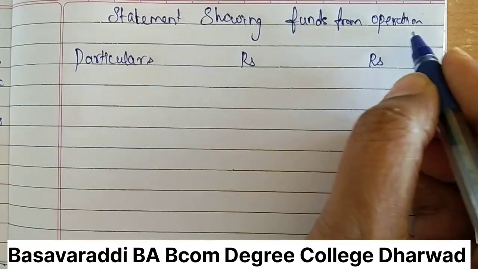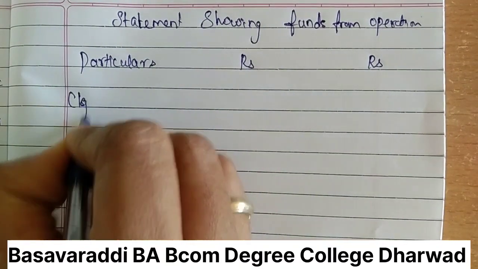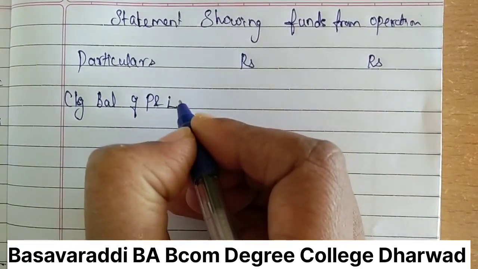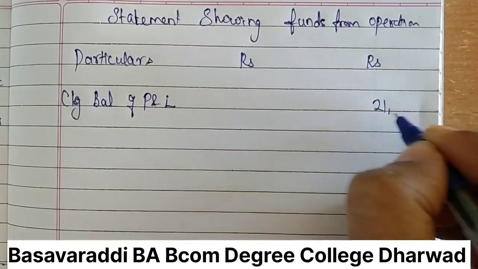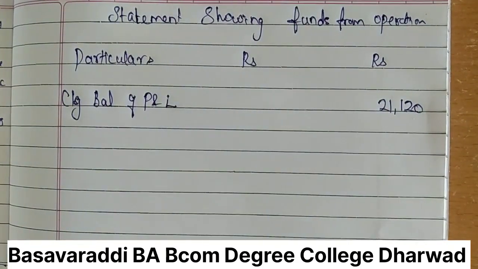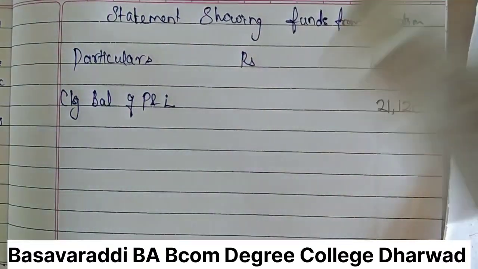First in this fund flow operation, what is the format? Closing balance of profit and loss. How much? 21,120. Where is it? It's in the notes.